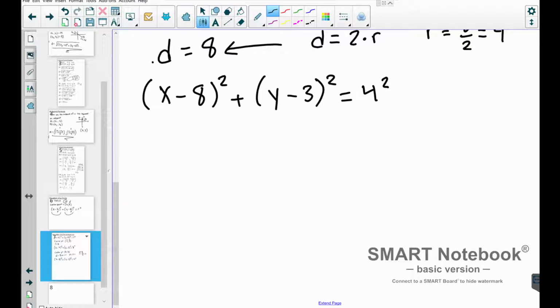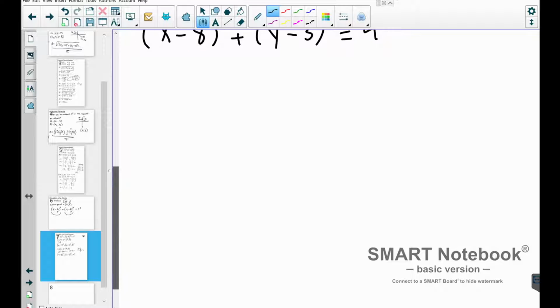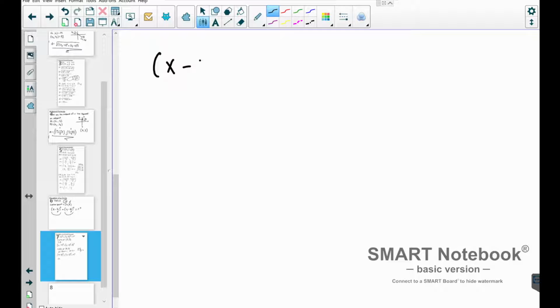Now, let's do something a little bit different. Another one. I'm going to give you the equation of the circle, and I want you to tell me the center point and the radius. So if I give you something like this: (x minus 12) squared plus (y minus 7) squared equals 81.